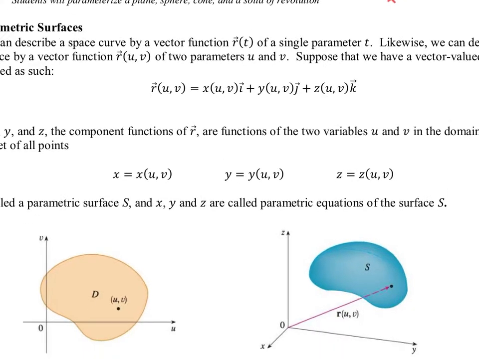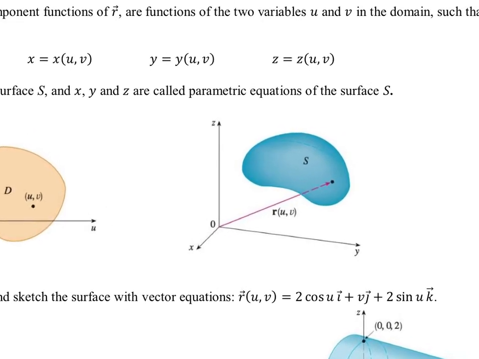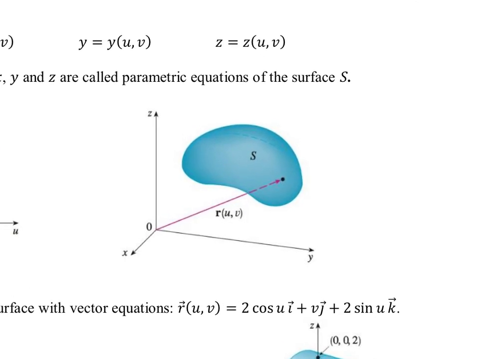So there's a little visual down here that maybe will help make a little bit more sense. If we have a particular surface, and we let one of the two variables be a constant, we may get these curves along the surface based on one variable changing and the other one being constant. So if you let u be 1 and v varied, if you let u be 2 and v varied, if you let u be 3 and v varied, you might get these curves along the surface.